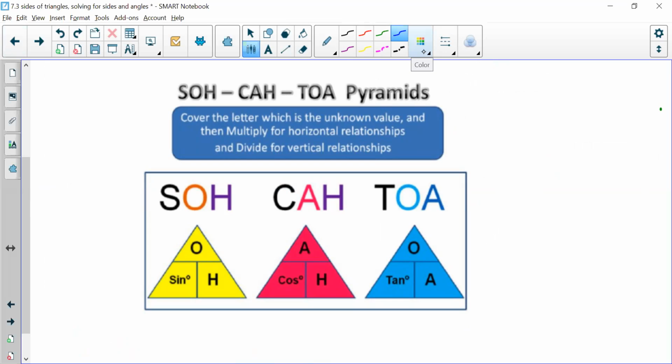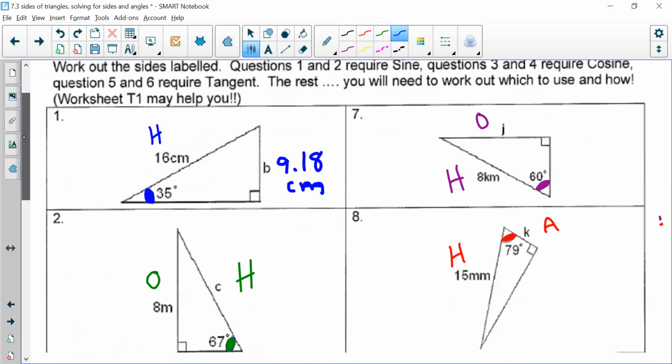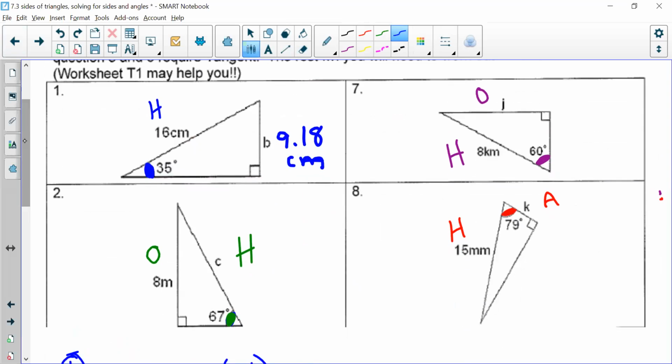Well, which one has the variable on it, Lauren? On number 8, which one has the variable I'm solving for on it? A or H? A. Good, A.